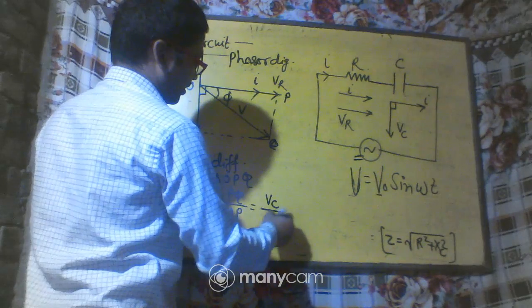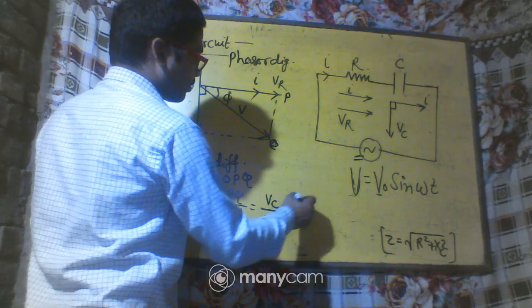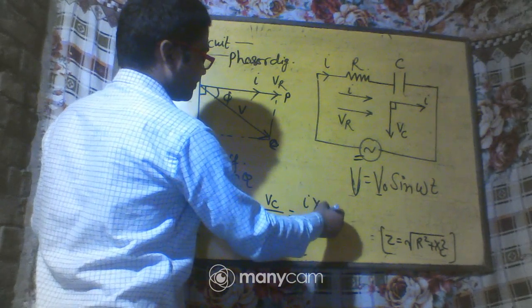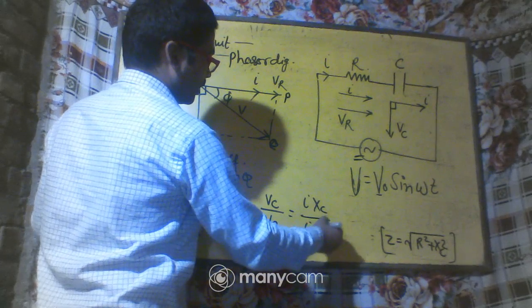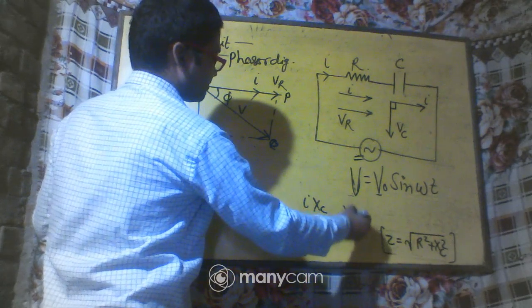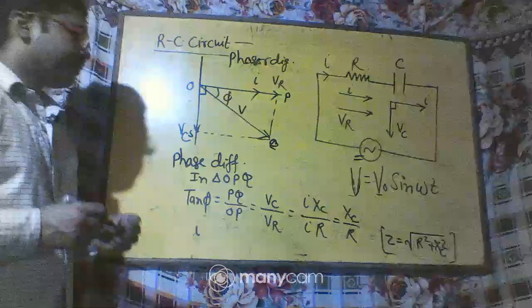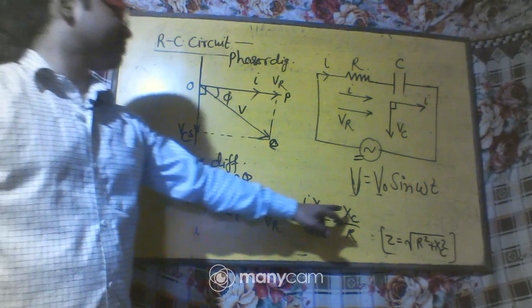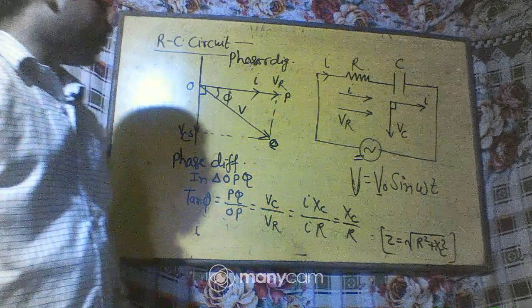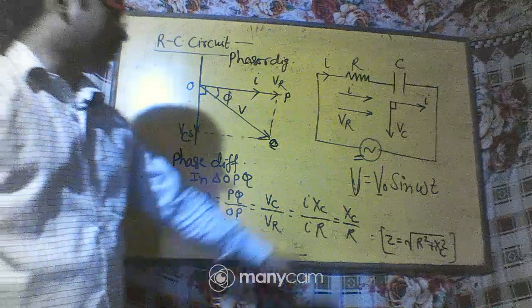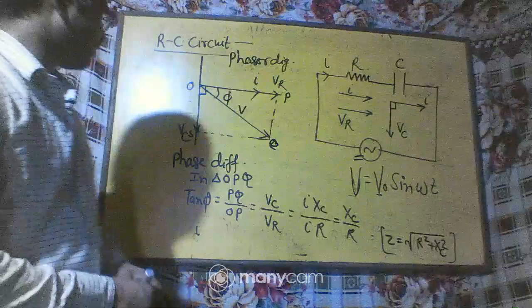So you can write this VC upon VR, and this will be equal to IXC upon I into R, that is XC upon R. Okay, now you can replace this XC by 1 by omega C and into R.